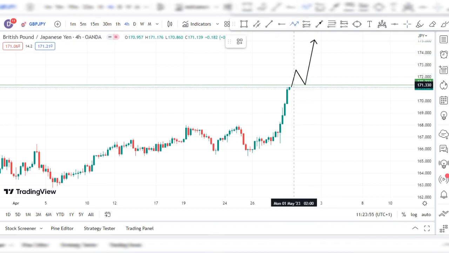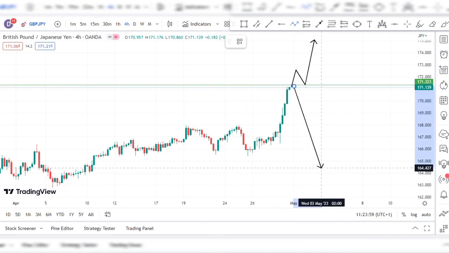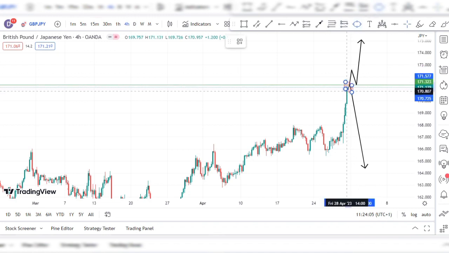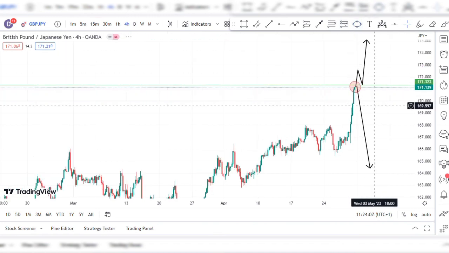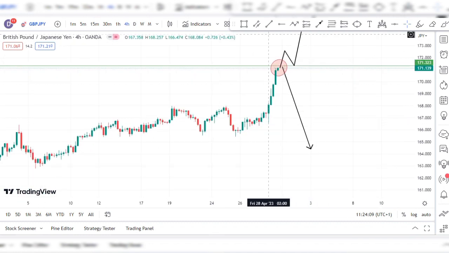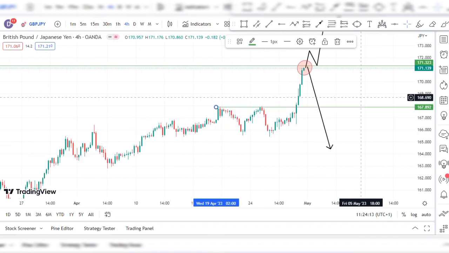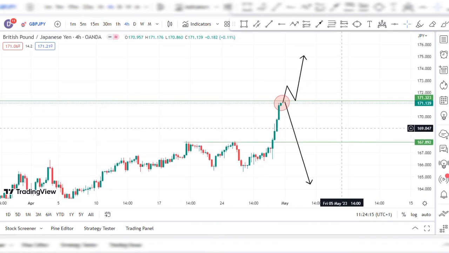If price gives us a bearish signal, we can take our sell trade to the downside. So again, we're just at a key area, and all we have to do for GBP JPY is wait to see how price reacts to that area, and hopefully we'll be able to take our trades from there and capitalize on the market.